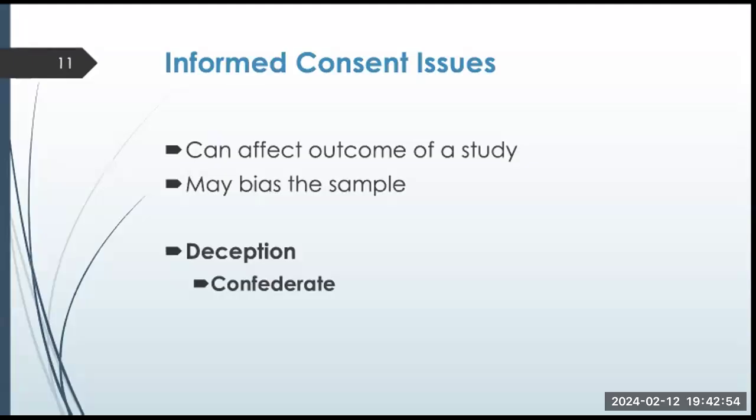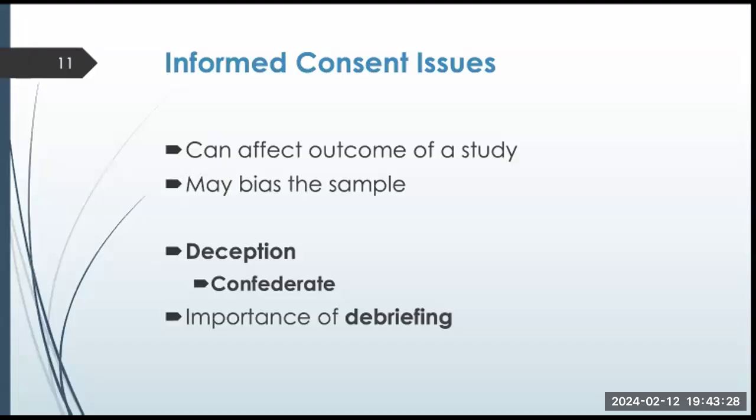You can engage in a certain level of deception, but that needs to be clear in your protocol. You also have to make it clear that you are going to debrief your participants, that you're going to inform them after the fact what happened, why you deceived them, what the true purpose of your study was. Again, this goes back to the IRB. They're going to read your protocol. They're going to see that you're going to engage in deception, and they, as a group, as a committee, are going to decide, is this acceptable?